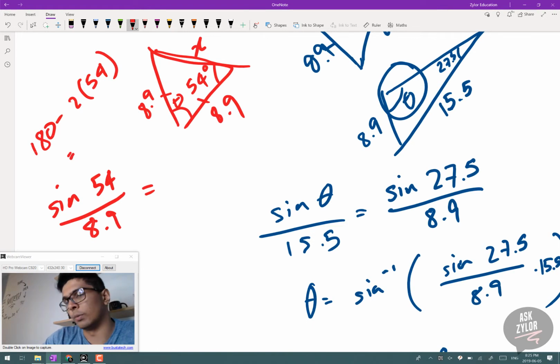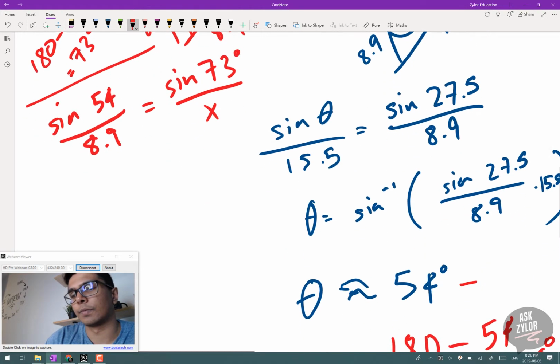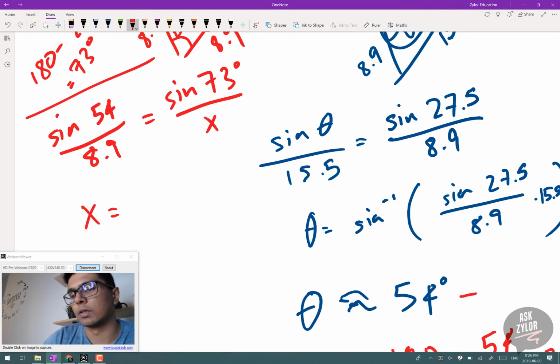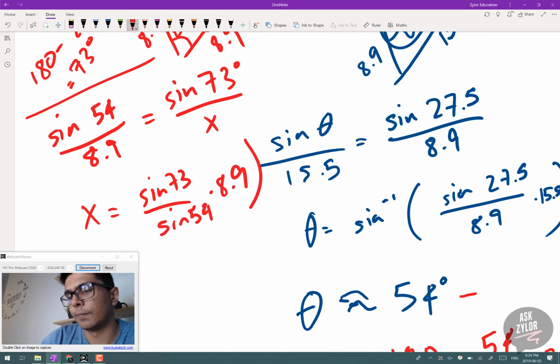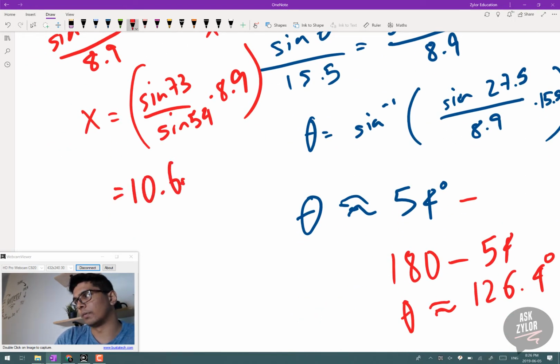That should give me approximately 73 degrees. So I'm going to do sine of 73 degrees over x, right? And then x, I can isolate for that, would be sine of 73 over sine of 54 times 8.9, which is going to end up being 10.6 meters.